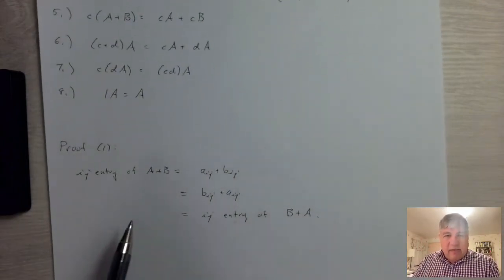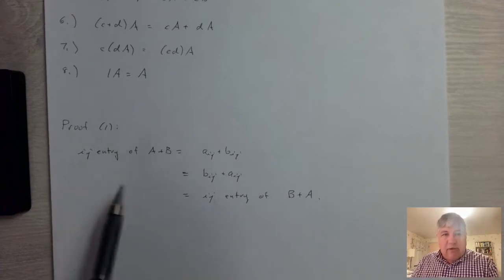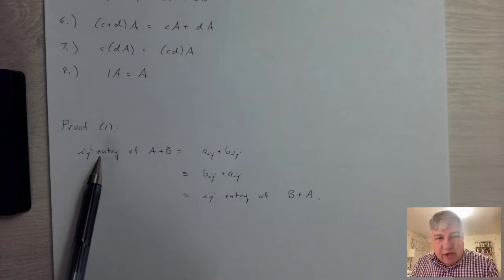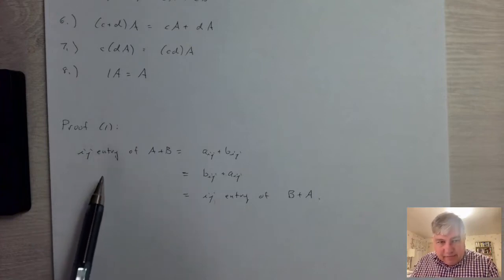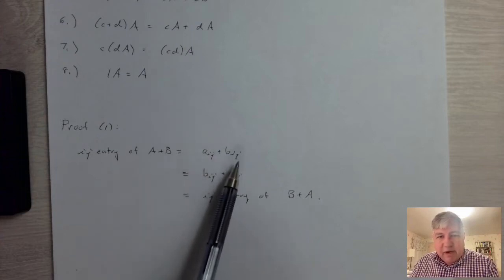So if we wanted to prove that A plus B is equal to B plus A, we would just look at an arbitrary ij entry. That is the entry in the ith row, jth column. The ij entry of A plus B is aij plus bij.